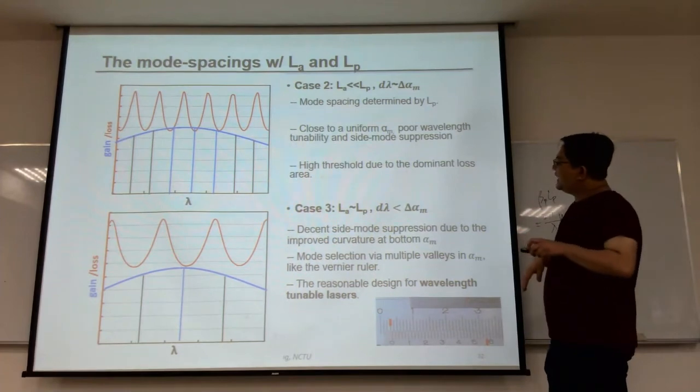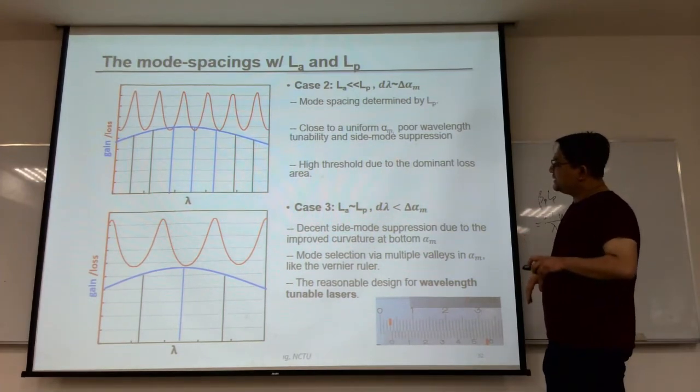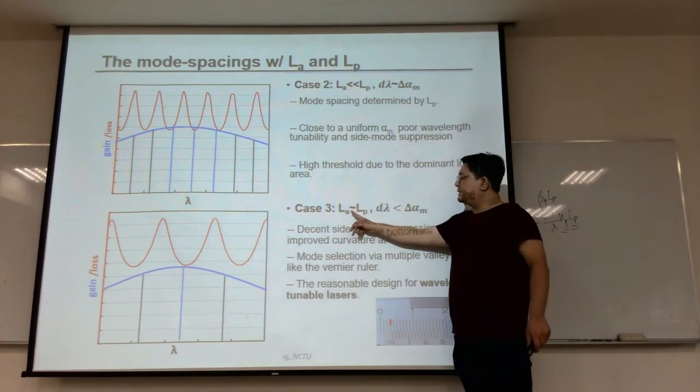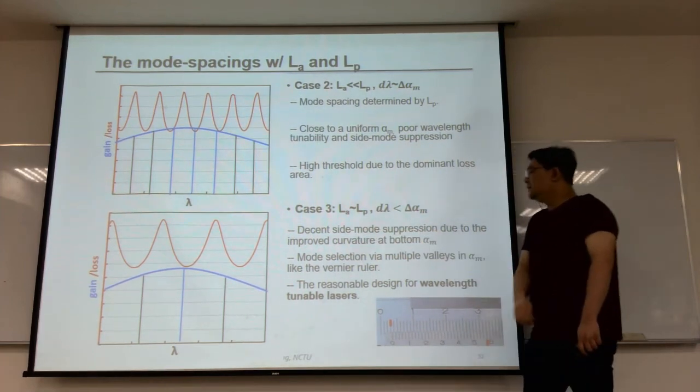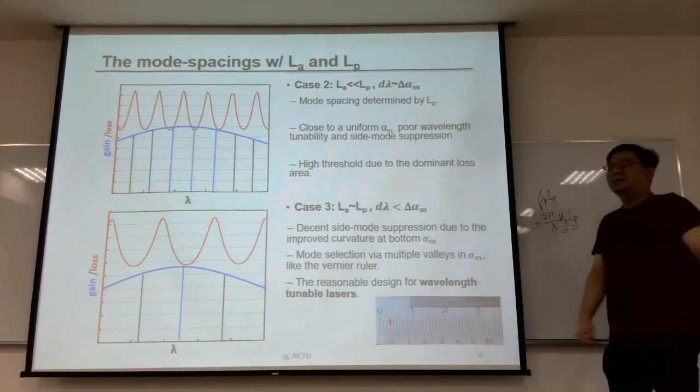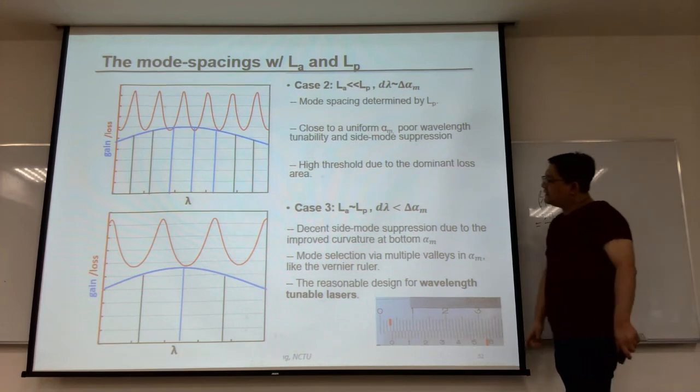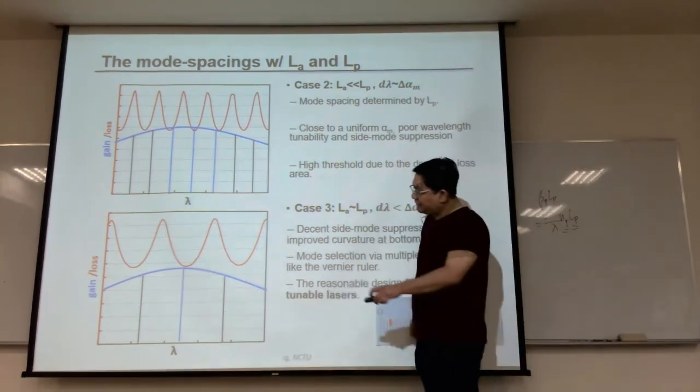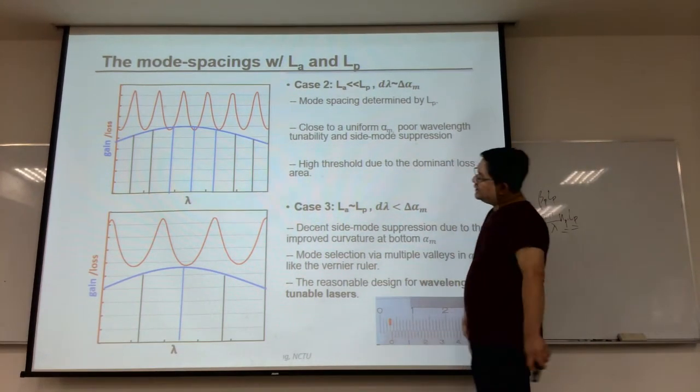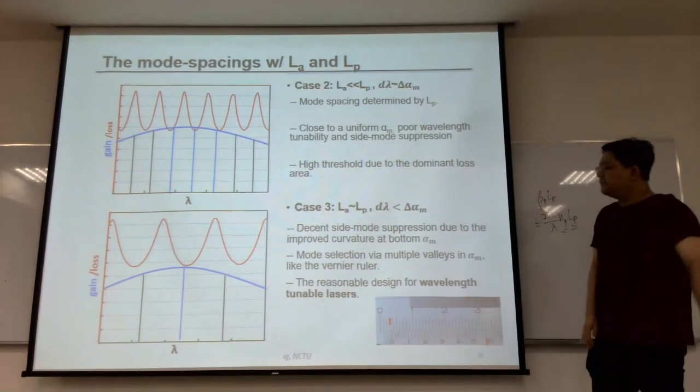Another case is that these two have a similar value, so that surely the d lambda will be smaller than the delta n.